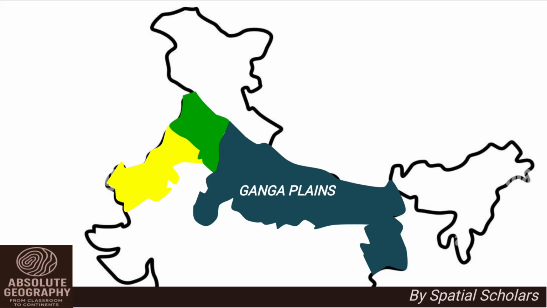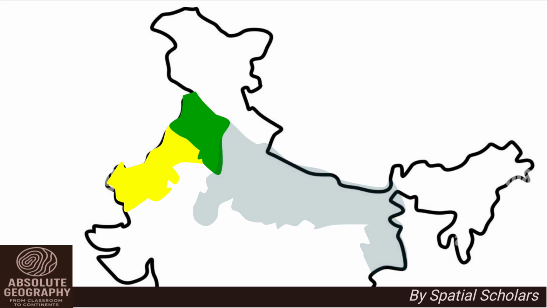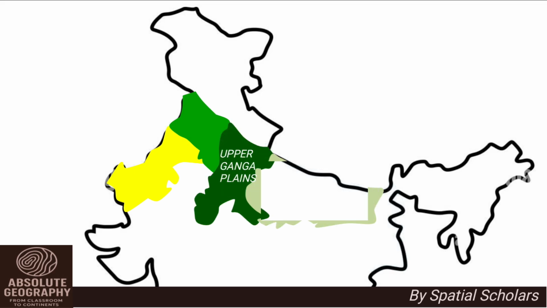Rivers originating from peninsular plateau such as Chambal, Betwa, Ken, and Son have also contributed to its formation. The plain generally slopes towards east and southeast, although local variations in slope are present. Based on geographical variations, the Ganga Plain is further divided into upper, middle, and lower Ganga Plains.